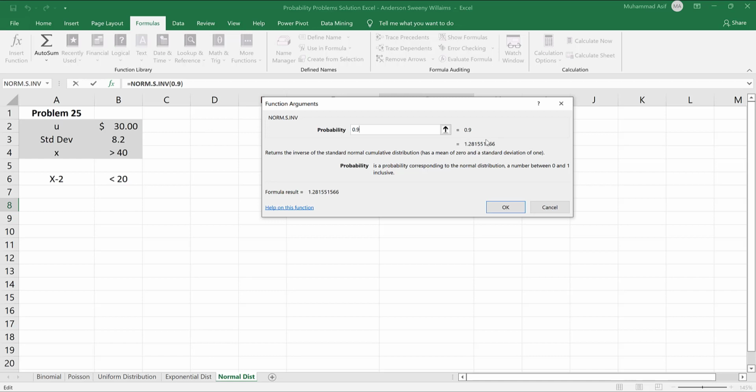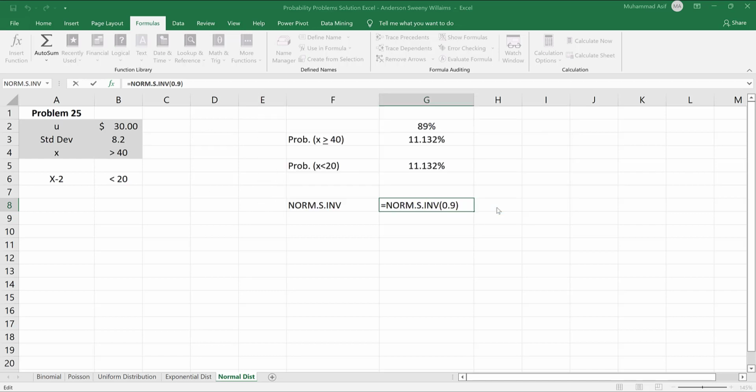Now we have everything here. The z value is available, x we have to find out, mu is available, and sigma is available, and using that we will find the value of x, and that will give us the dollar value that represents the highest stock level.